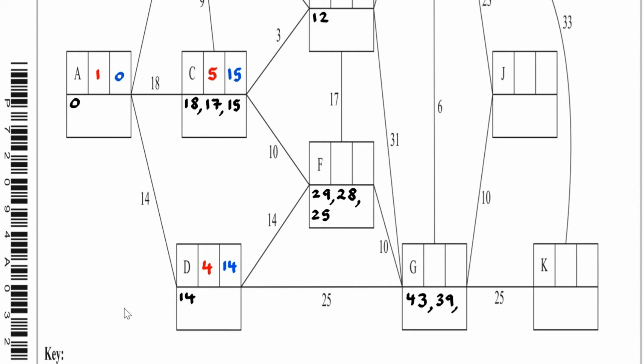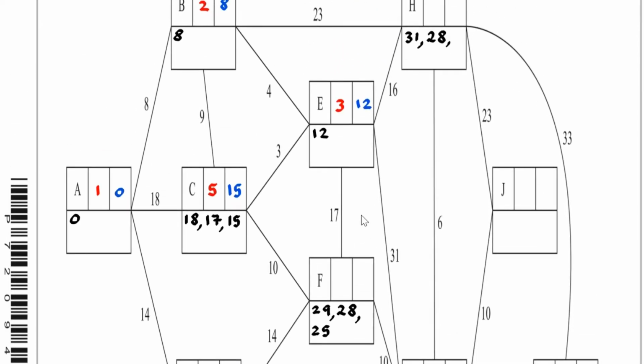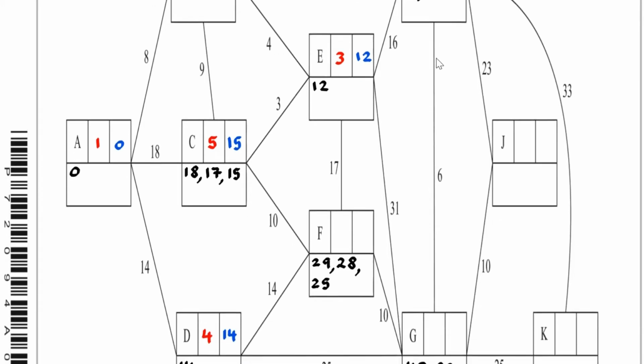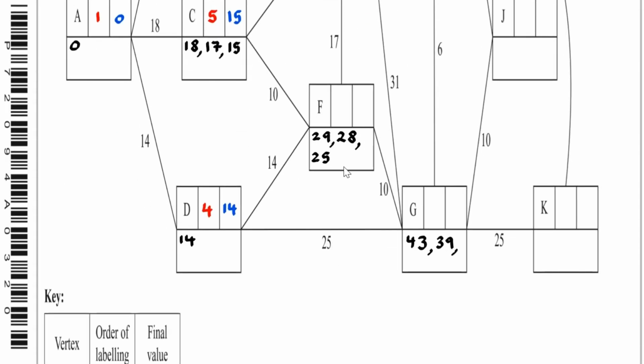So now the smallest from 25, 39 and 28, that will be the 25. So 25 is our final value, and the order of labeling will be 6.